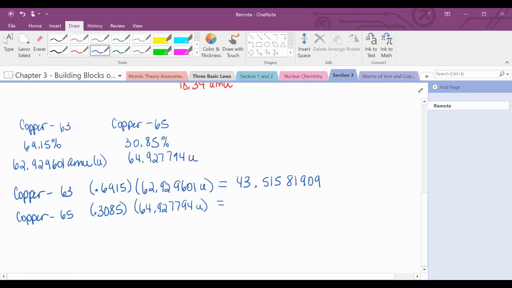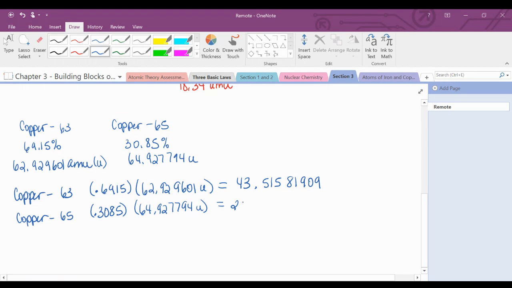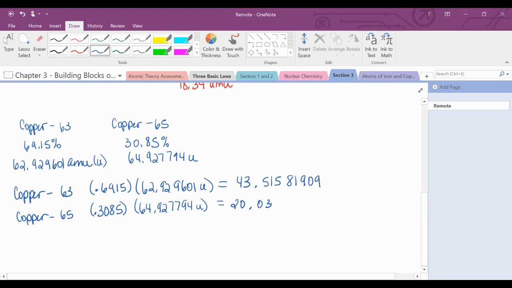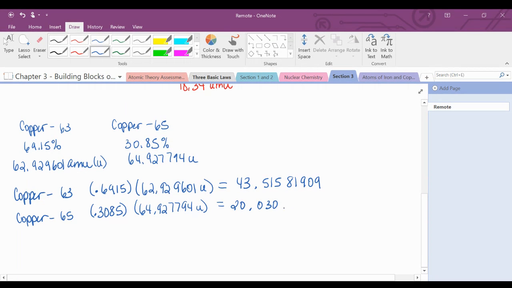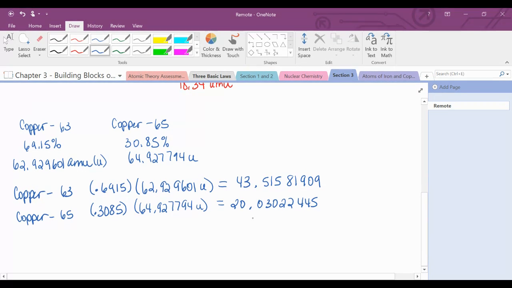And I'm going to do the same thing with copper 65. All right, so now that I have my products, we're going to add these together, but let's look at sig figs.